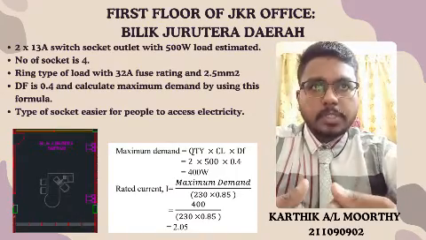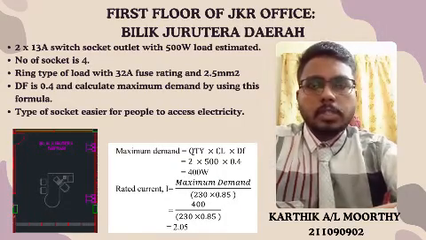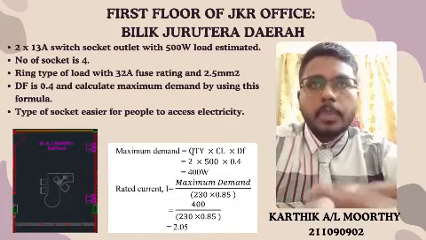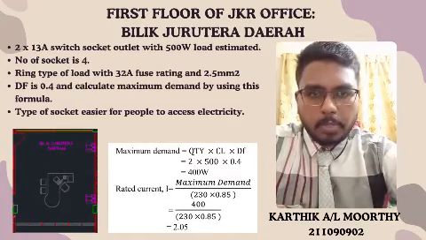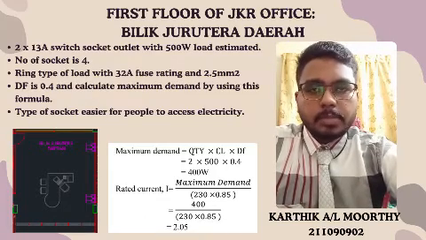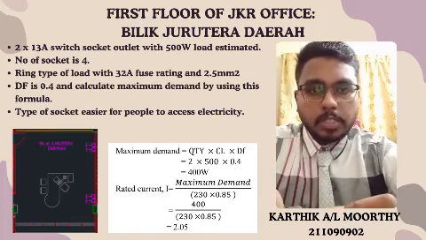According to JKR Diversity Factor Update 2009, for 13 ampere single switch outlet at office is 0.4. Then we calculate maximum demand by using this formula. Maximum demand equals quantity times quantitative load times diversity factor, and then we can obtain 400 watt.